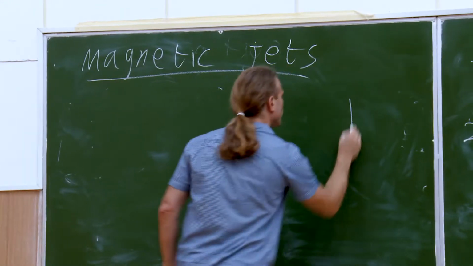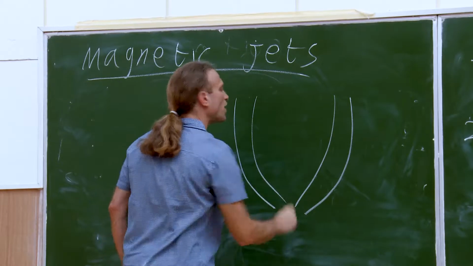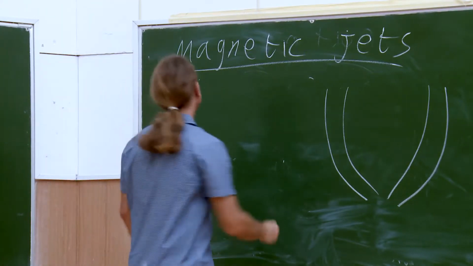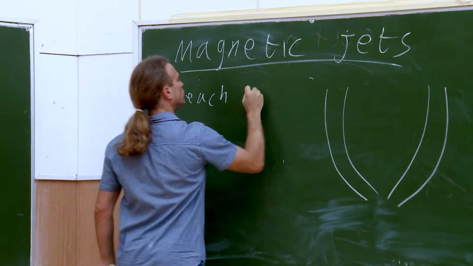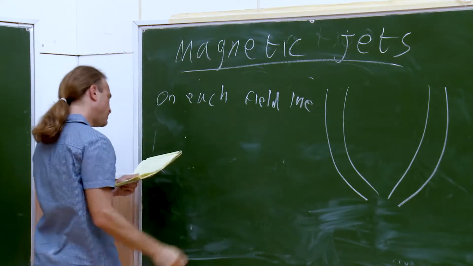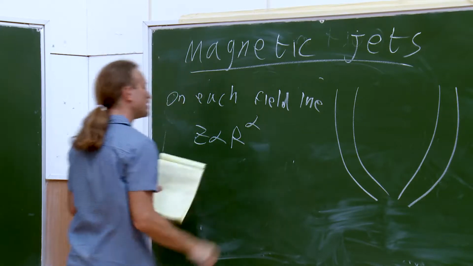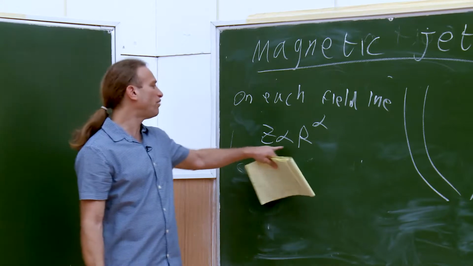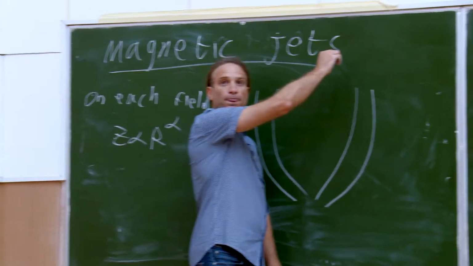So if I have a jet, this is the shape of the jet, and let's assume that on each field line, z is proportional to r to the power of some alpha. Okay? So if alpha is equal to 2, I have a parabola.